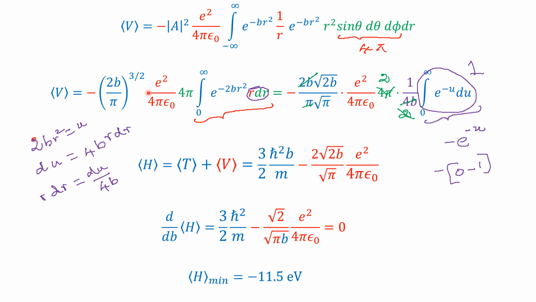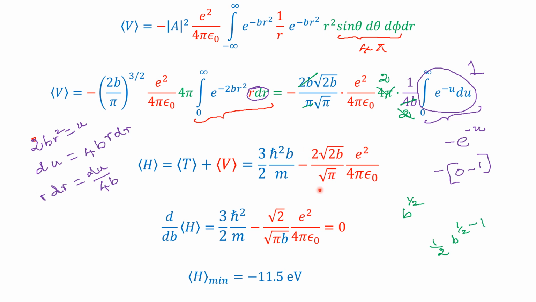And if you differentiate here, there is something interesting. What will happen to this square root of p? We can write this square root of p as p power half. If you differentiate this, you will get half times p power minus half.